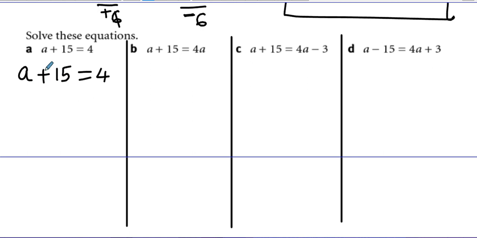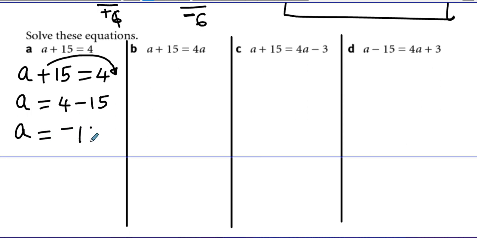So collect like terms. This number without a letter should be sent to the right hand side. This will be a equals 4 minus 15. And a equals 4 minus 15, that will be equal to negative 11.